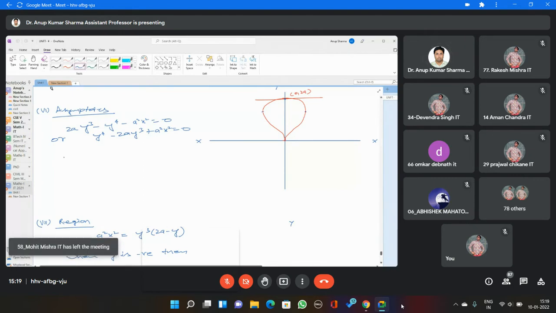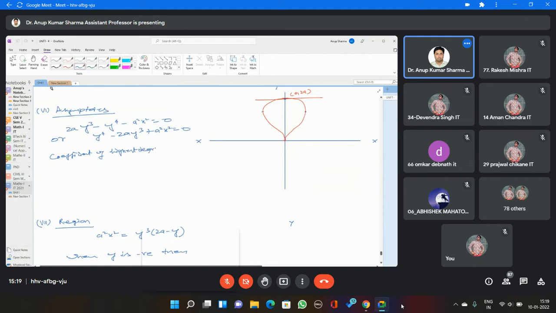Okay, what we write: coefficient of highest degree of y is equal to 1. This is a constant, not a variable of x and c, which is a number.